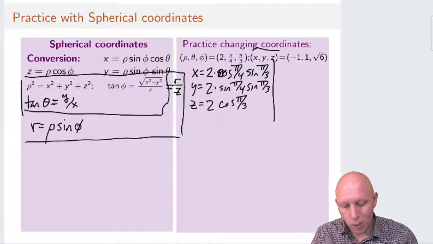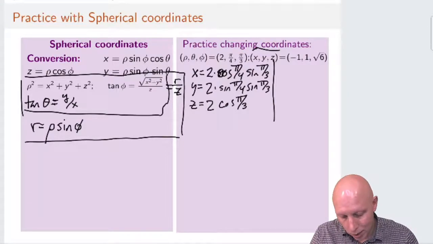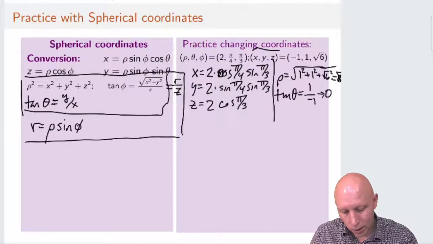If we start out with x, y, and z, with -1, 1, and root 6, then we would plug into the other equations and we would say, okay, so rho is equal to the square root of 1 squared plus 1 squared plus root 6 squared. So that's going to be the square root of 8. And then we're going to have the tangent of theta is equal to 1 over -1. So that gives us that theta is equal to negative pi over 4.